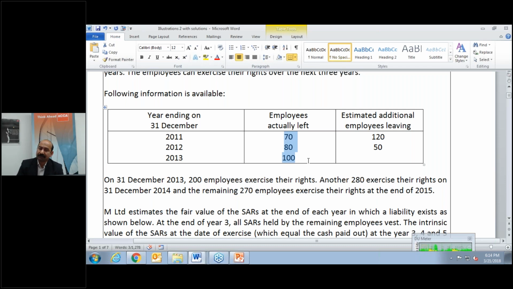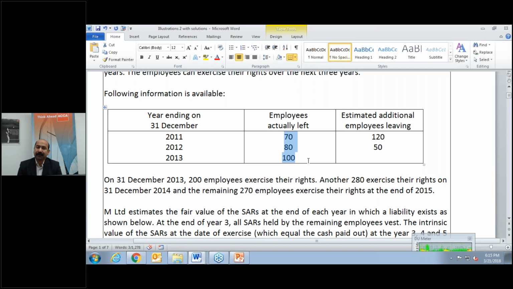Out of these 750, 550 employees have not yet exercised. They can and they will be exercising, as we can see from the information given about the other two years. And 200 employees exercised their right.